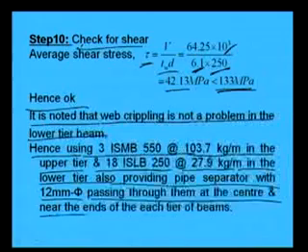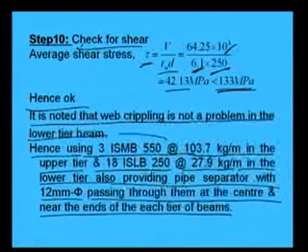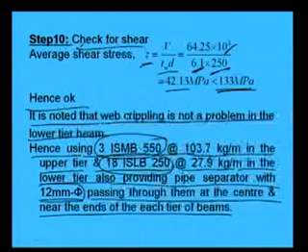So what beams are we going to provide? 3 numbers of ISMB 550 for the upper tier, and for the lower tier 18 numbers of ISLB 250, and we are providing pipe separators of 12 mm diameter just to keep their spacing at a fixed distance. In this way you can design.